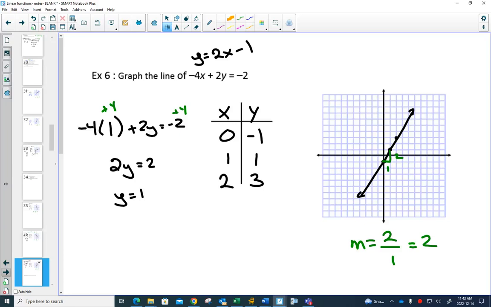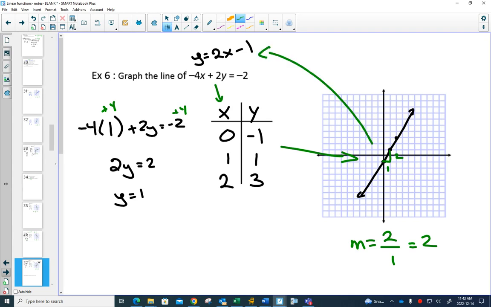Can I see number 5? Yes, but before we go back to number 5, I have a question for you. Can you see that we went from the equation to the table of values, to the graph, to that equation?